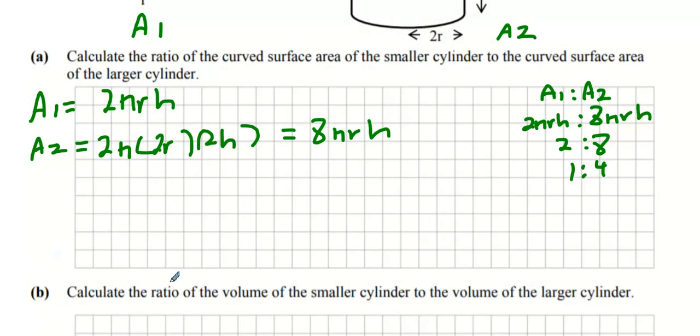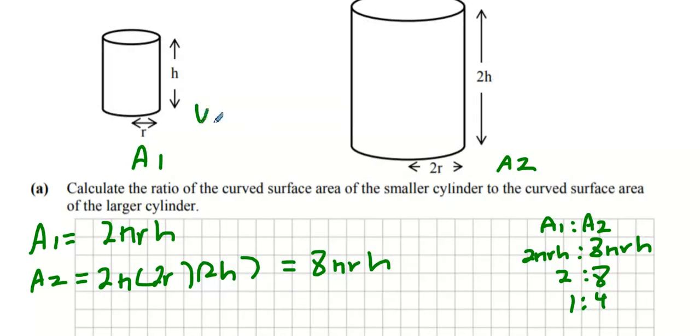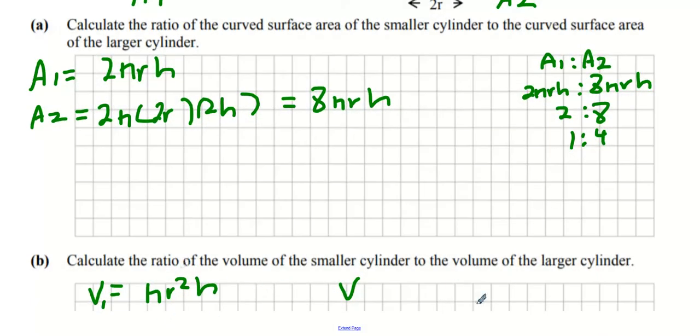Calculate the ratio of the volume of the smaller cylinder compared to the larger cylinder. All right, so the volume of the smaller cylinder is pi r squared h. We call V1 the volume of the small cylinder, and V2 the volume of the larger cylinder. So in V2, you have to replace R with 2R to be squared, and H with 2H.